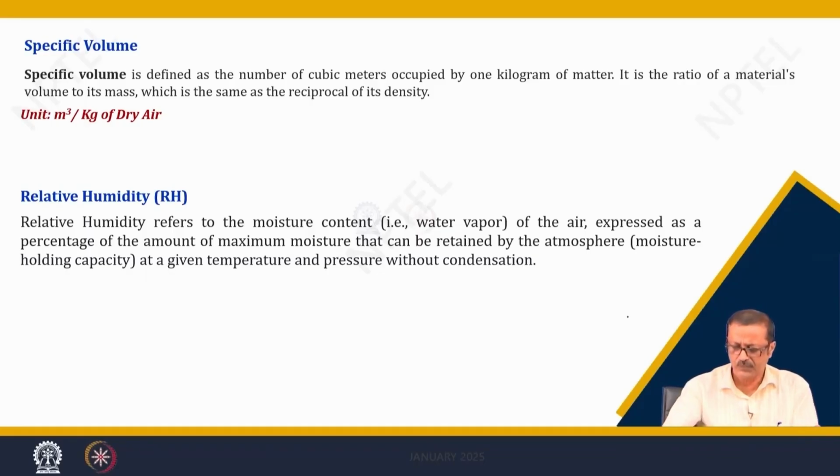So, that means at a given temperature and pressure, air has some quantity of empty spaces, and the question is what percentage of it is filled with vapor or moisture. If it is fully filled, we can say it is 100% relative humidity; if it is very less, 10% or so.